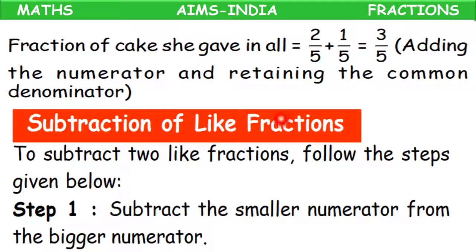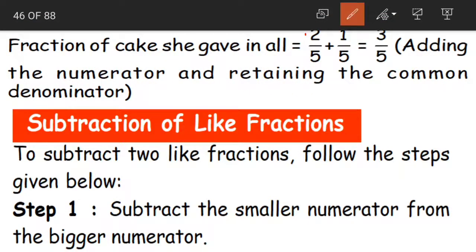Now what will be our next step? The fraction of the cake she gave in all, that is the total fraction of the cake. What should we do to find out? 2 by 5 plus 1 by 5, adding both the portions together. These two are our like fractions, right?